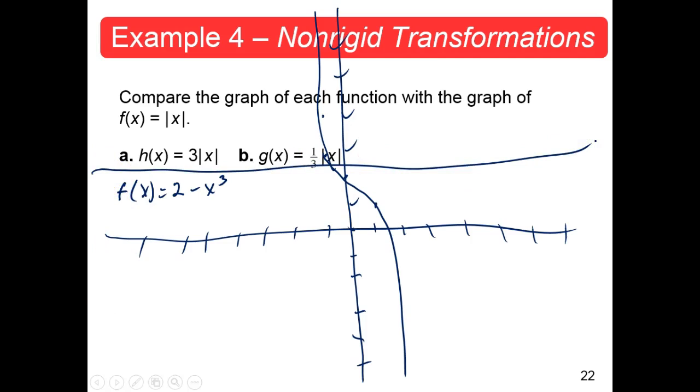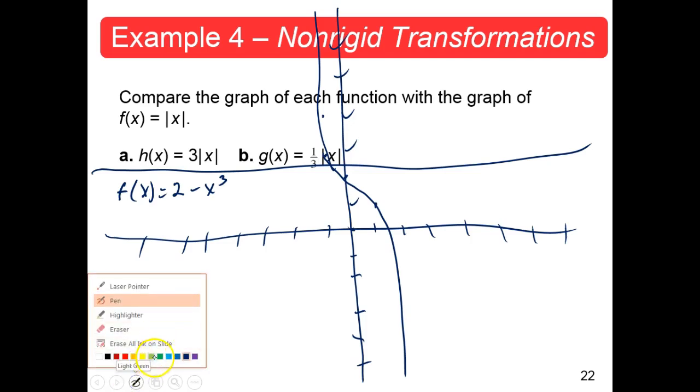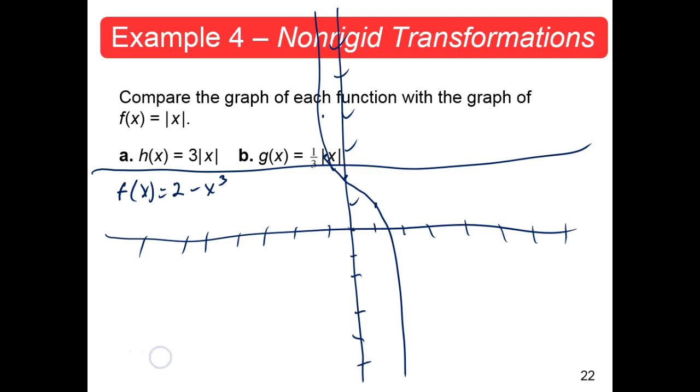You had to do x cubed, reflection, and a vertical translation. So that's what we got for that. Now we get to the problem. What color do you want G to be? Green, light or dark? Dark, okay. G for green, that makes sense.